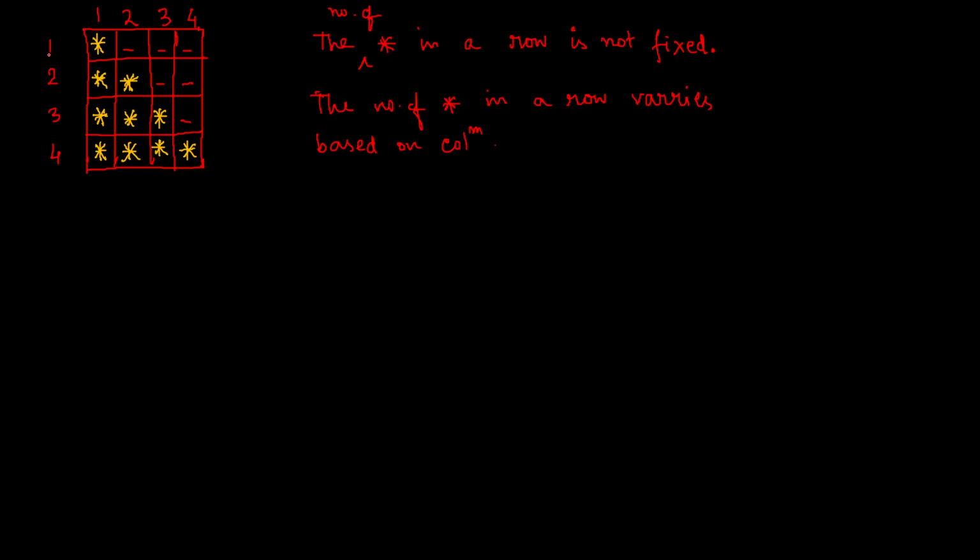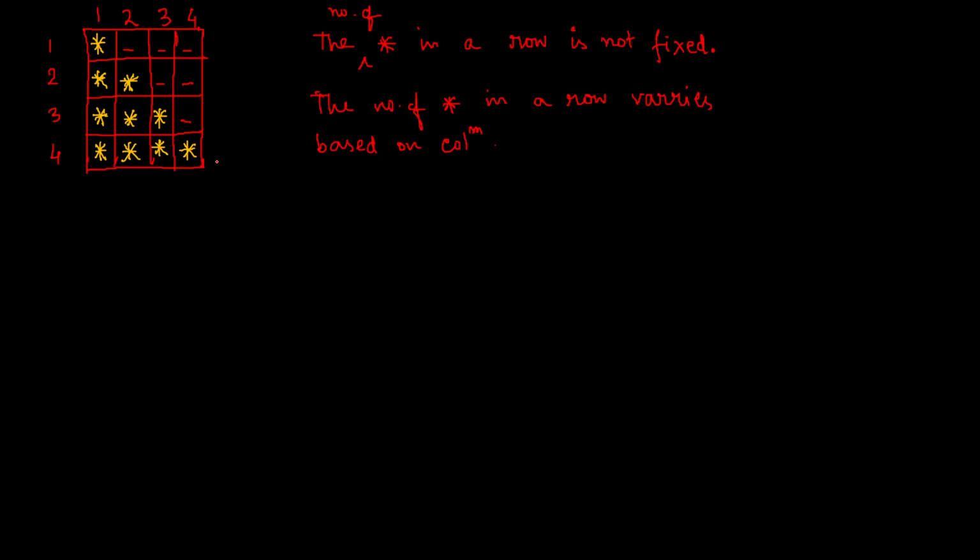Because you see, in the first row, up to the first column there is a star. In the second row, up to the second column there is a star. In the third row, up to the third column, all the stars are present. In the fourth row, up to the fourth column.